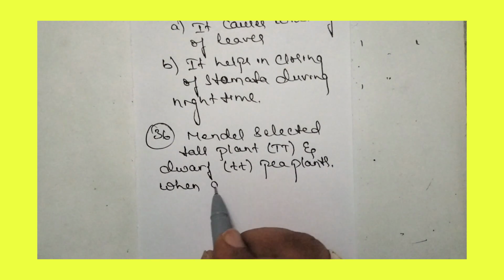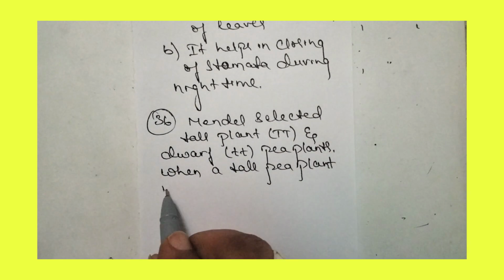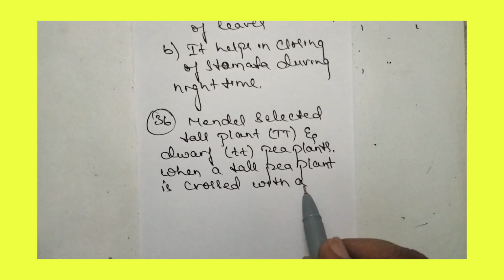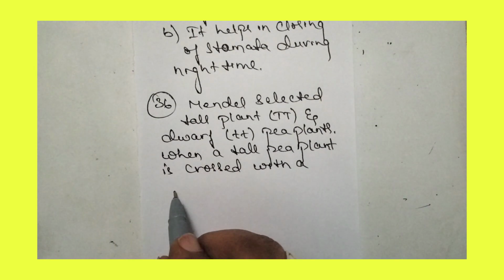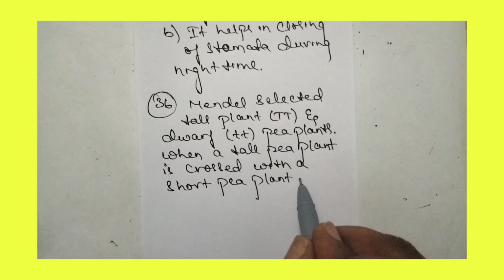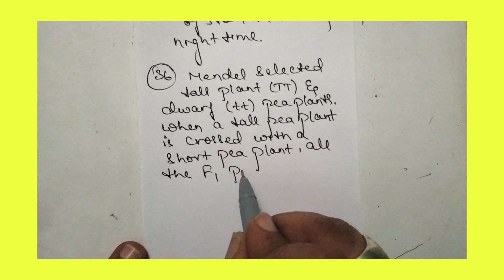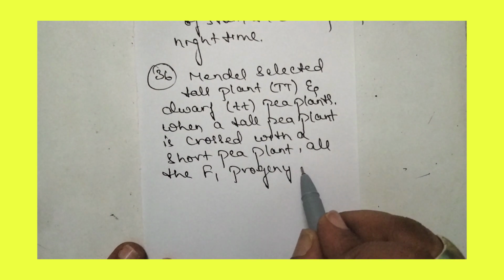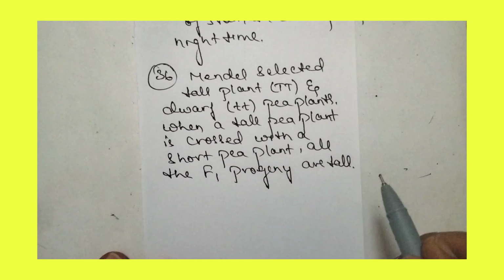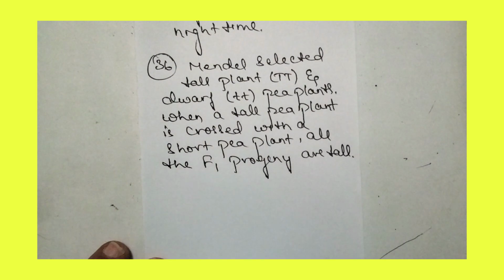When a tall pea plant is crossed with a short pea plant, all the F1 progeny or offspring are tall.